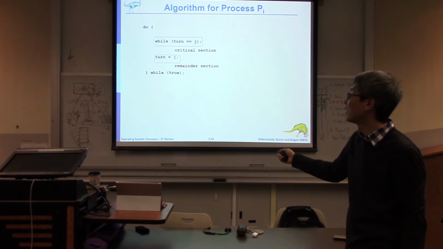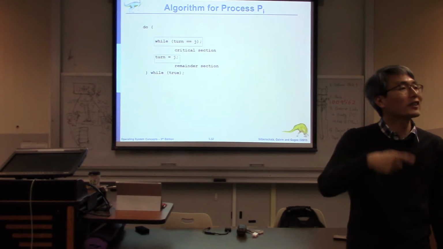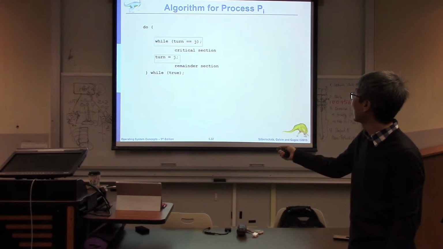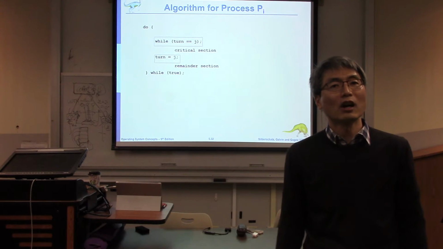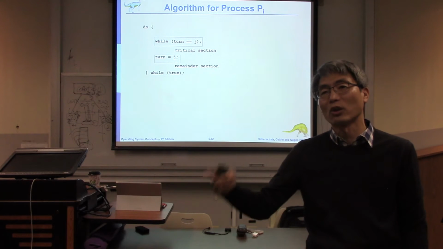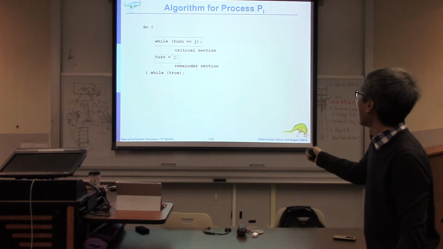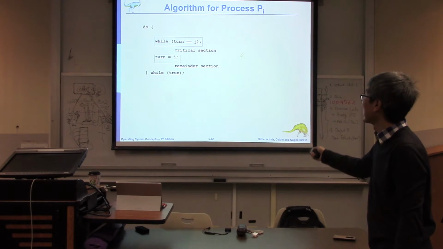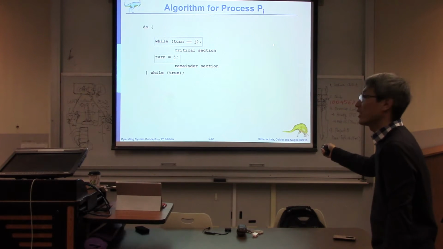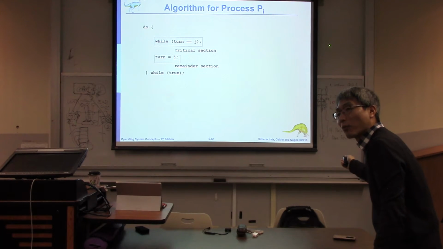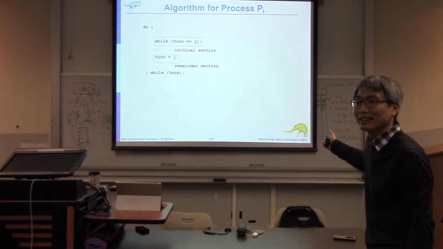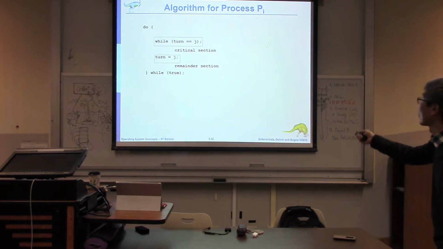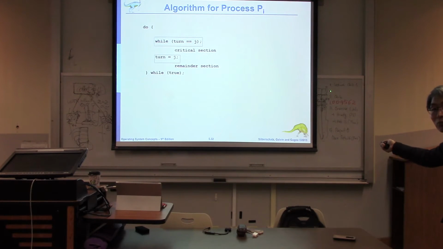No, because it's a while infinity loop. Okay? It's an infinite loop. True, true, true, true. Until when? How can you get out of the while loop? Process J. When process J is out of the critical section, it will set turn to I. Okay, this is process I. There will be process J, another process.